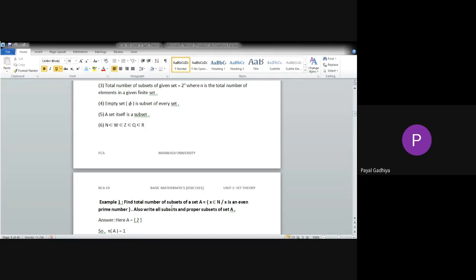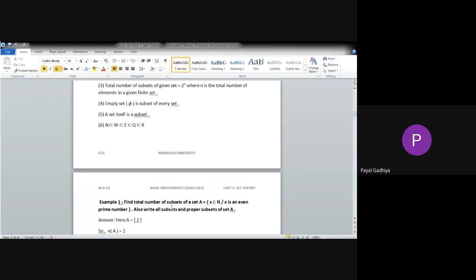Now, if I'm talking about 9, then is 9 a prime number? No, ma'am, because 3 times 3 is 9. Yes, we'll write 3 into 3 will be 9. So, apart from 9 and 1, there are other factorizations too. So 9 is not a prime number.